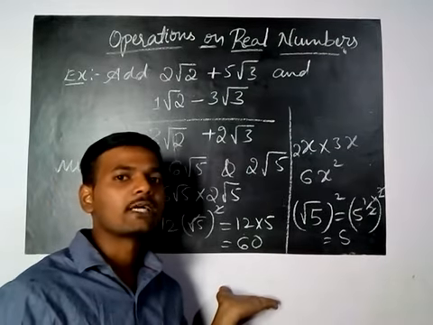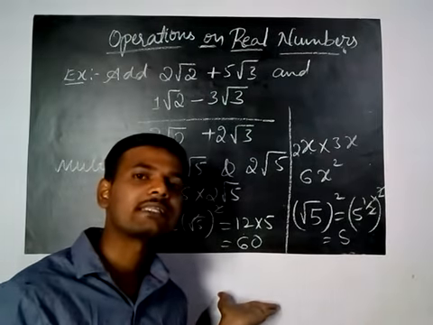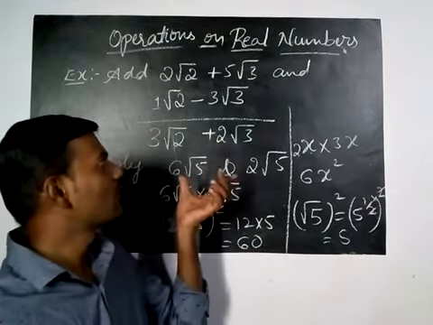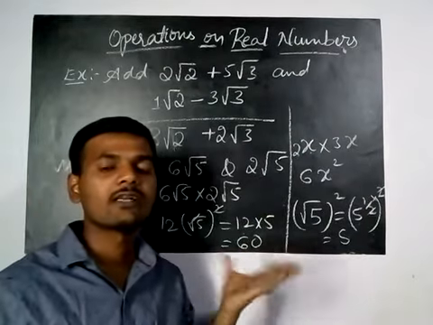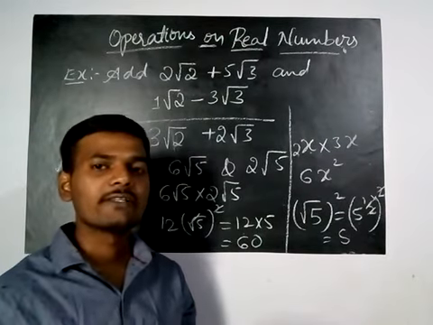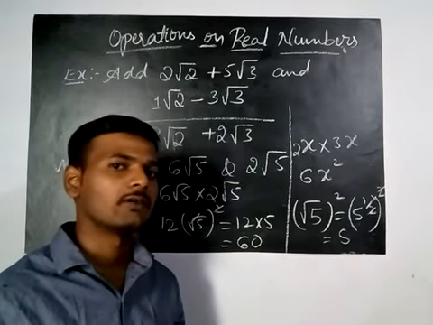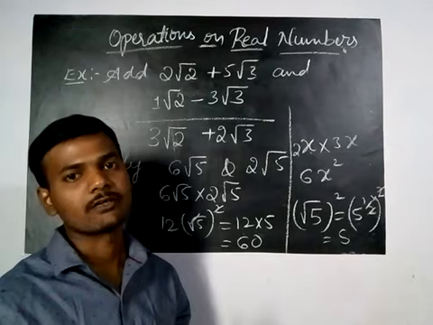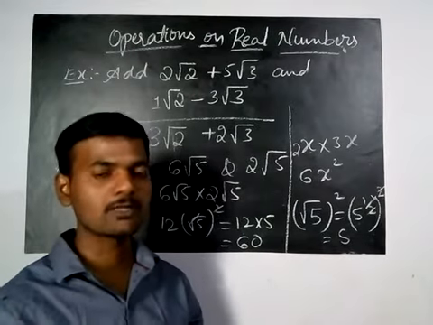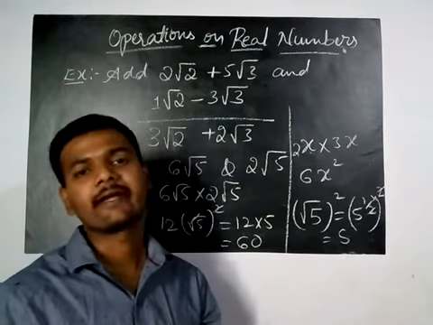You know that the sum of any two rational numbers is again a rational number, which you studied in the 8th standard. Here, the first point is: the sum or difference of a rational and an irrational number is always irrational.